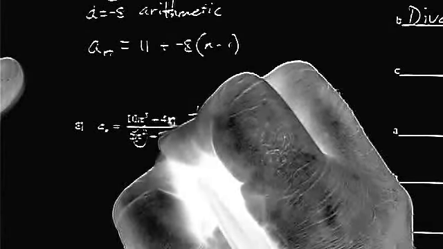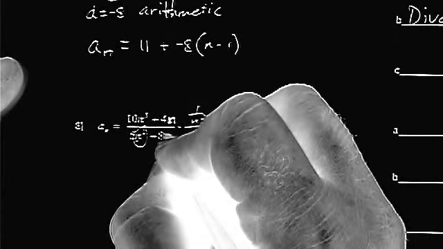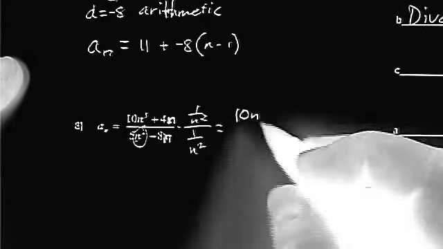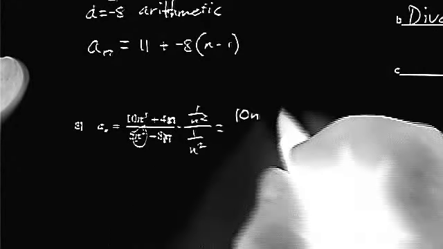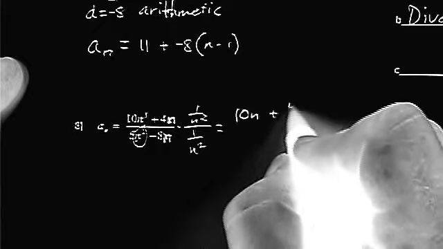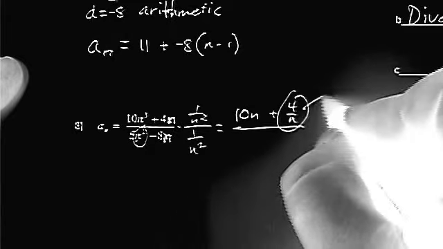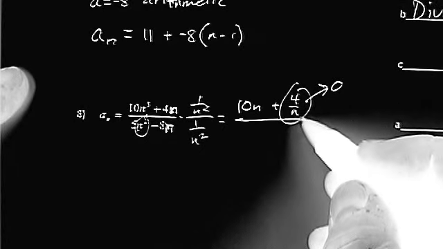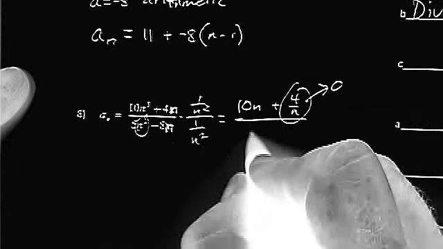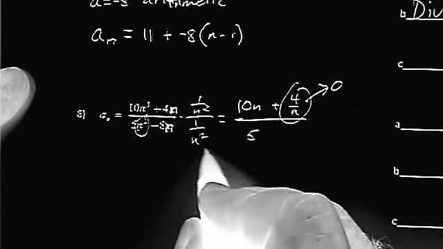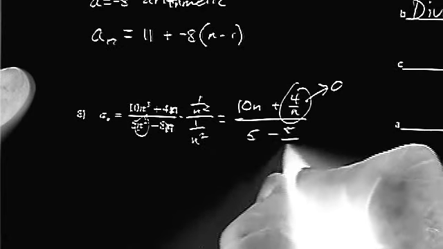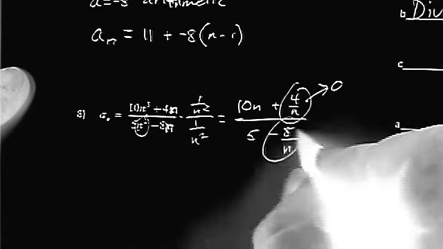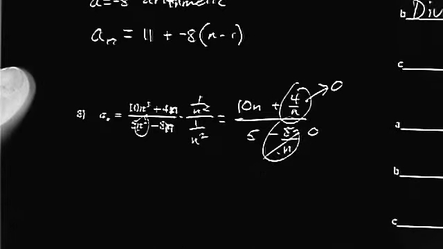Okay, so we'll change this to an n, and we'll change this to an n. So this ends up being 4 over n. We know that's going to be one of those things that disappears to 0, right? Because n's getting super huge. Well, on the bottom we got a 5 and minus 8 over n. Once again, that thing's going to disappear to 0.